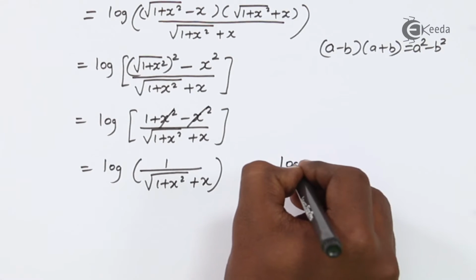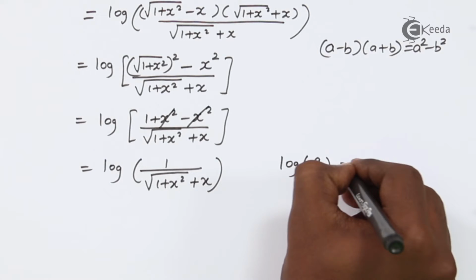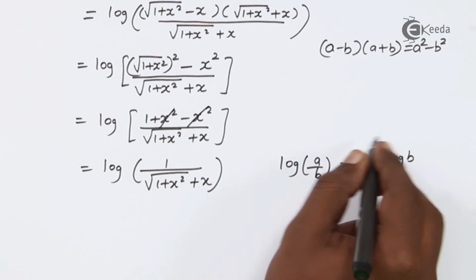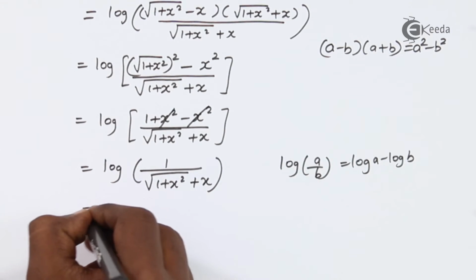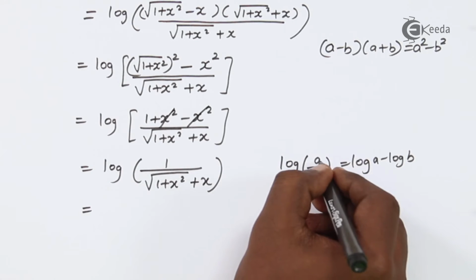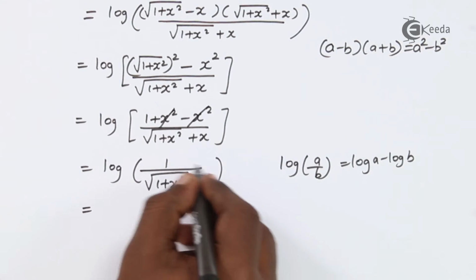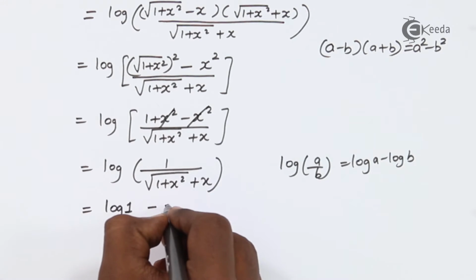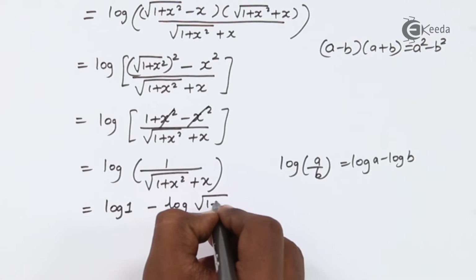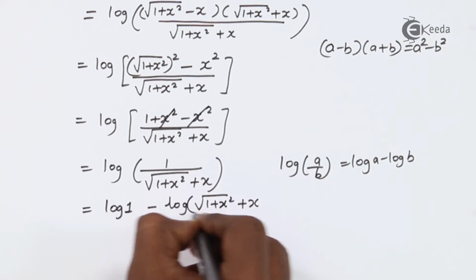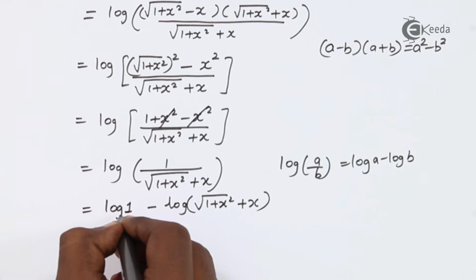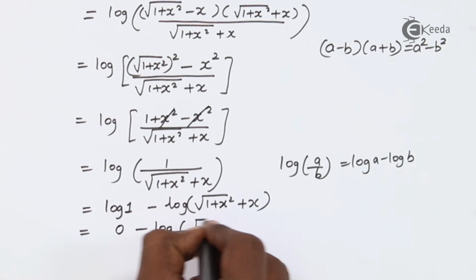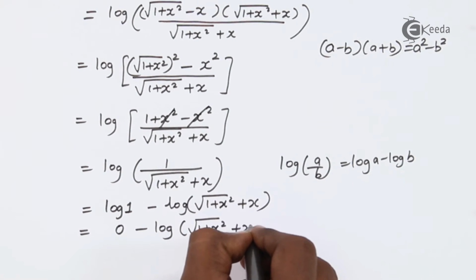Further, this can be solved using the log property. We know that log of a by b is nothing but log a minus log b. This is also called the quotient rule of logarithm. We'll use the same property here. What is a here? A is 1. And what is b? The entire denominator. So the property will be log 1 minus log of under root 1 plus x square plus x.